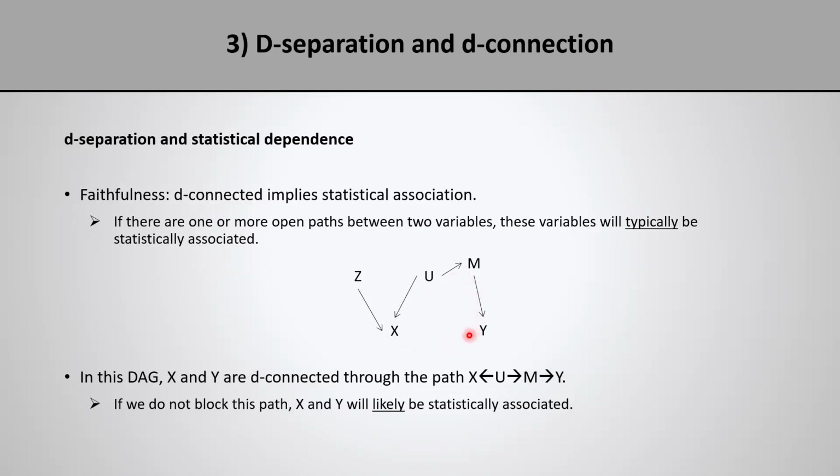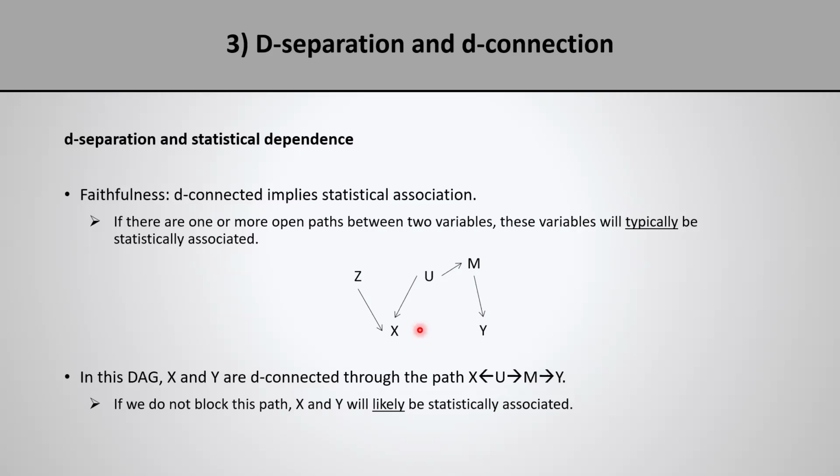And since x and y are d-connected, unless we block this path by conditioning on u or m or both, x and y will likely, and again, I underline this word here, be statistically associated. In other words, if I have a source of association between two variables, that is, if I have an open path between two variables, then I would expect them to be statistically associated.